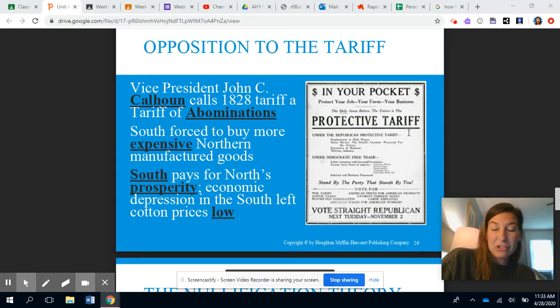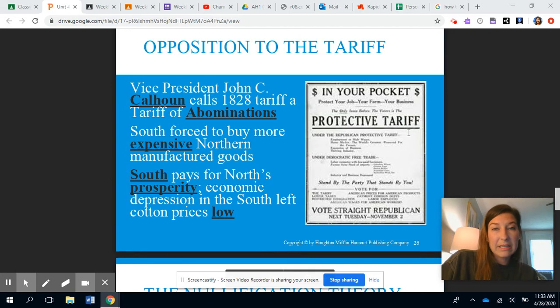They can't buy their original cheaper goods from places like Great Britain. So what the South starts to see is that they are not benefiting from this tariff. It's only the North that's benefiting. In other words, the South is paying for the North's prosperity. There was an economic depression that happened in 1819 and hurt the South more than the North, and the South still hasn't recovered from this yet.